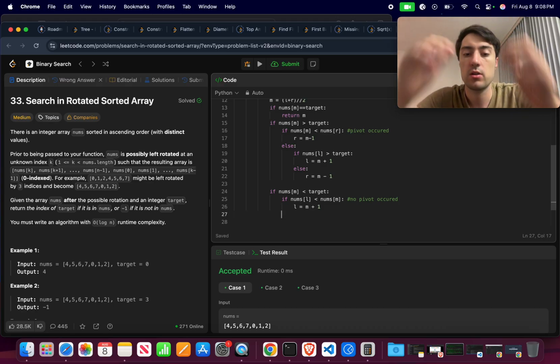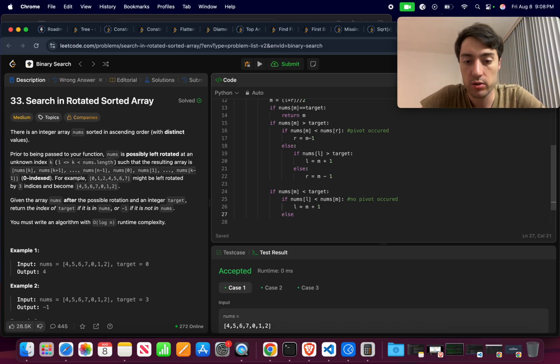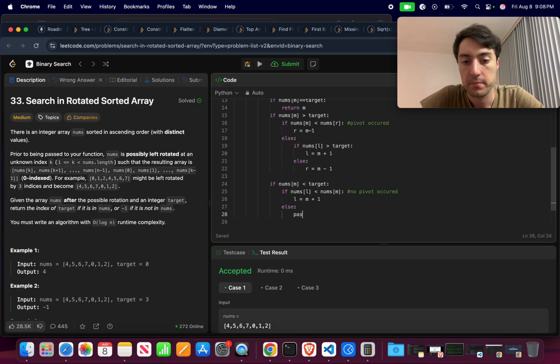So I need to go in and, so else, okay, pivot occurred, okay? Pivot occurred where? Pivot occurred in right side. Oh wait, no, left side, sorry.